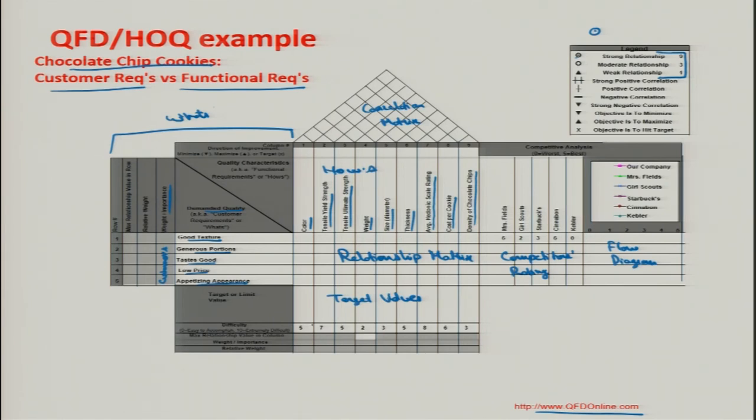There is difficulty to achieve the target, that data is already here. Then the maximum relationship value in the column is presented here. Weight and importance, this weight is calculated here. So, this is the absolute score, and this one is the relative score.